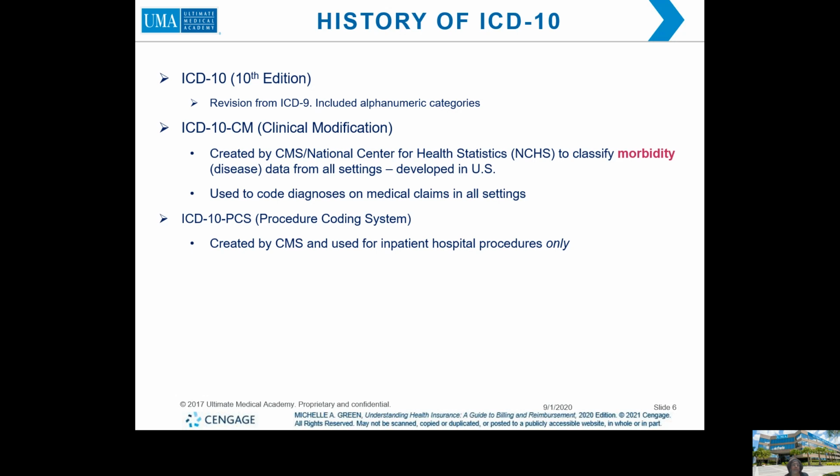Okay, so for a very long time, years and years and years, we had ICD-9 that we used to code. ICD-9 gave us about 13,000 alpha codes.